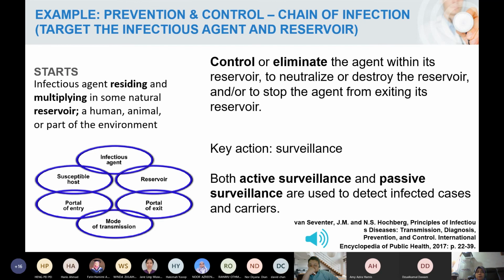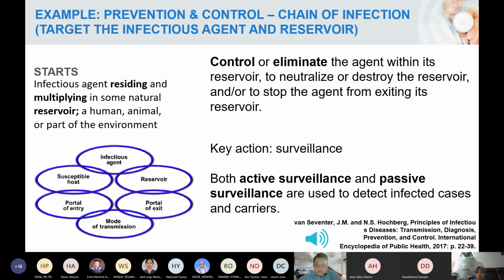And applying the chain of infection to levels of prevention or control. Example here, we go to agent and reservoir. The chain usually starts at the agent. Agent, we said, resides or multiplies in a reservoir. So how do we target here? Example.